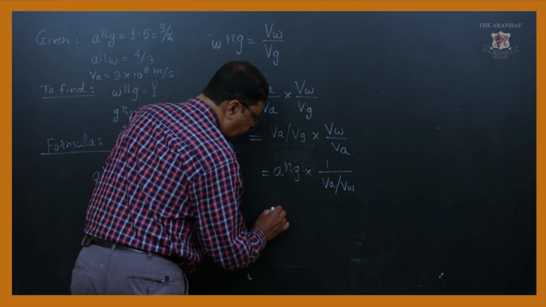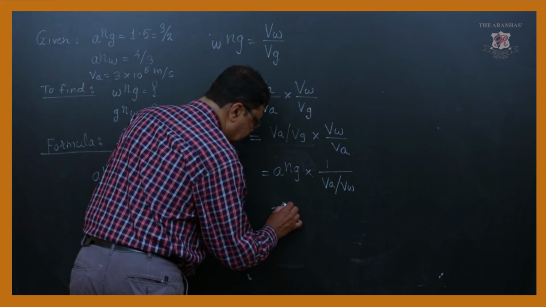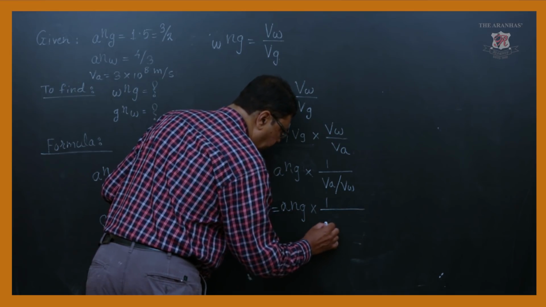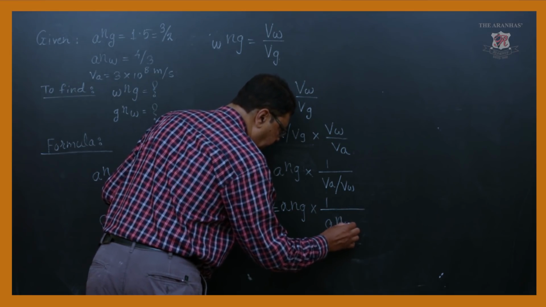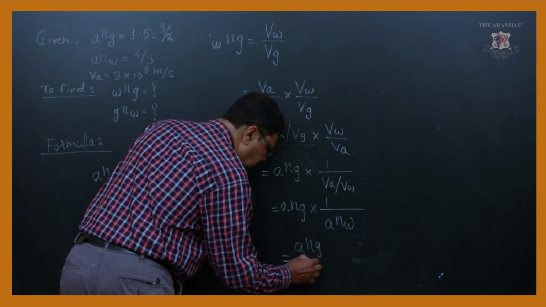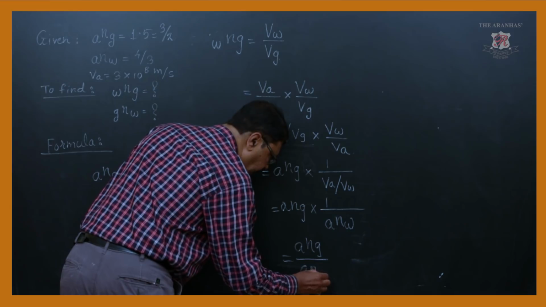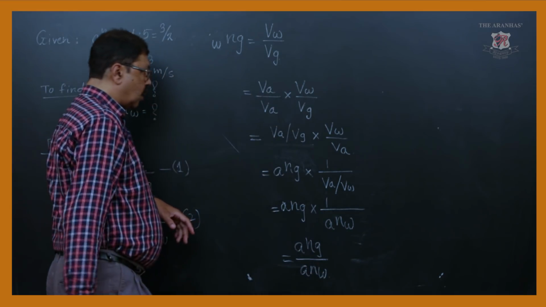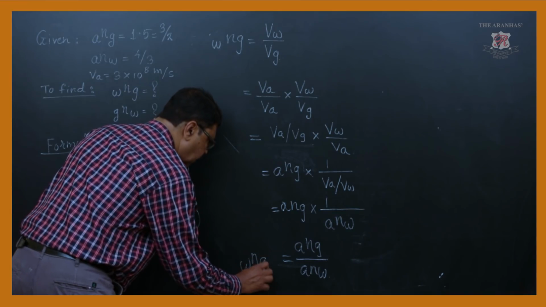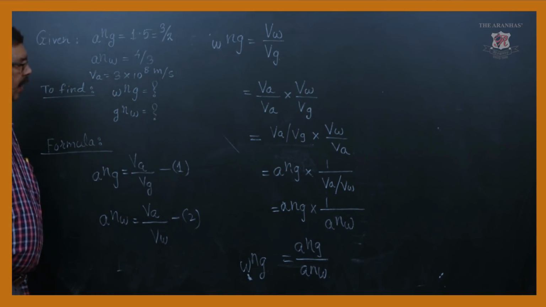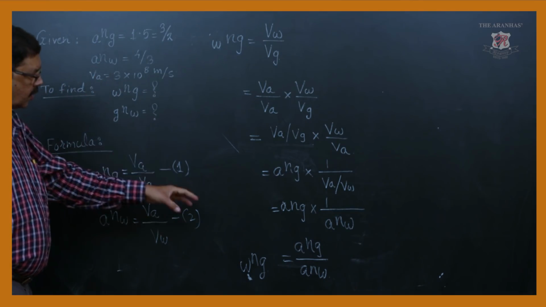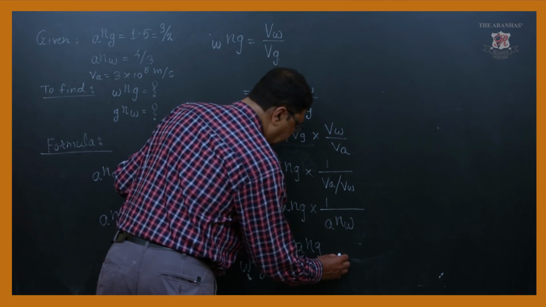What is VA upon VW? This is aNg as it is, multiplied by 1 upon aNw, that is aNg upon aNw. This is what? wNg. Do I have the values of aNg and aNw? Those are the values given. Just substitute those values.